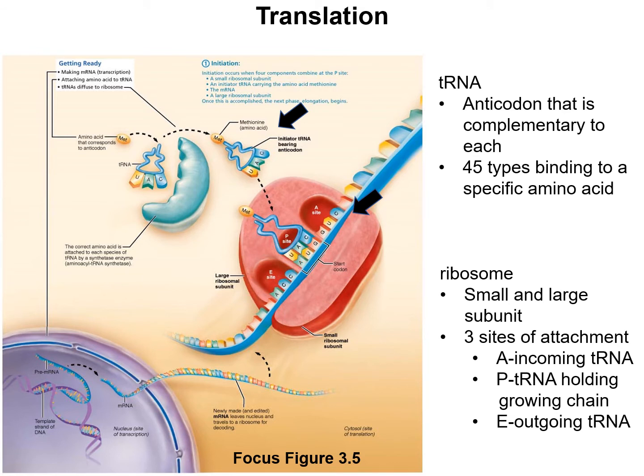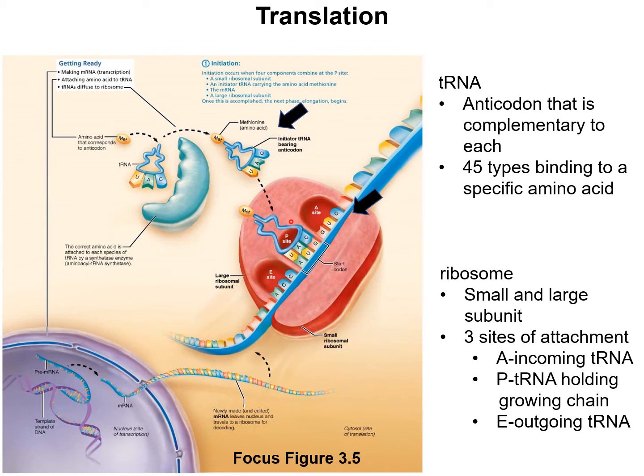Notice that the ribosome has 3 sites of attachment for transfer RNA molecules. The A site is for incoming transfer RNA.